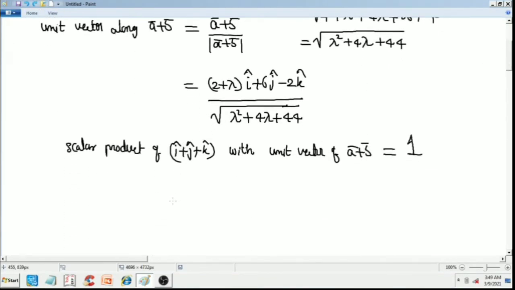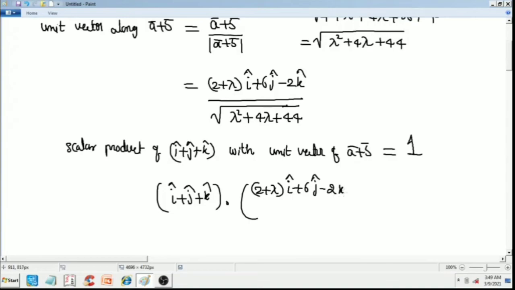So we have this vector i bar plus j bar plus k bar, dot product with the unit vector, (2 plus lambda) i plus 6j minus 2k bar, divided by root over lambda square plus 4 lambda plus 44, equals 1.